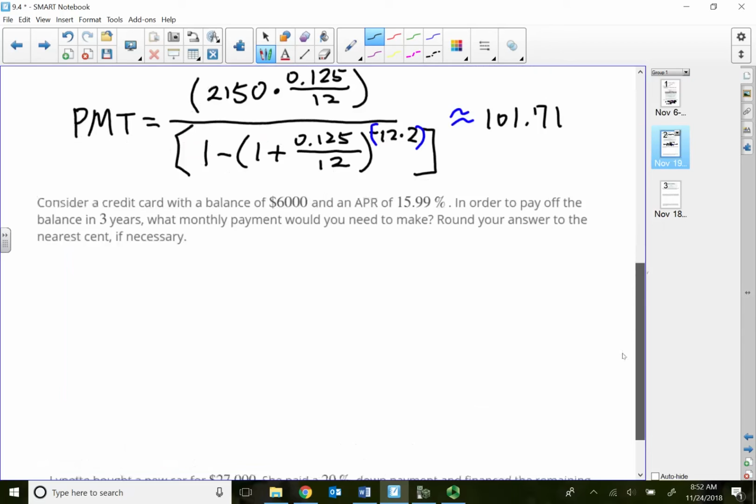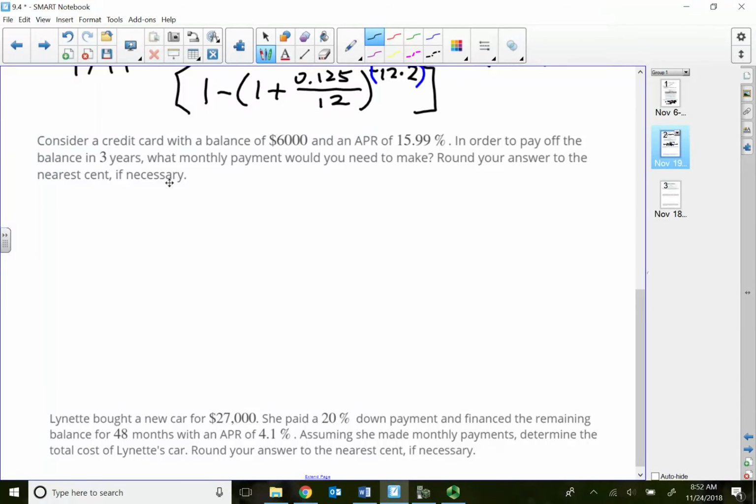Right now, in this scenario, we have a $6,000 balance and we decided to pay it off in 3 years. We are not going to use this credit card anymore, but it doesn't matter.